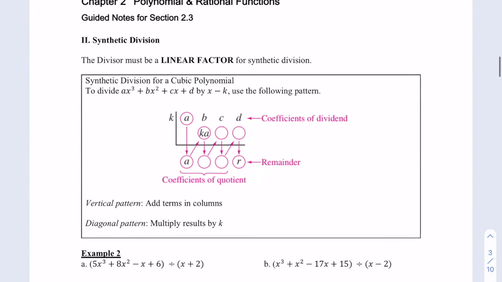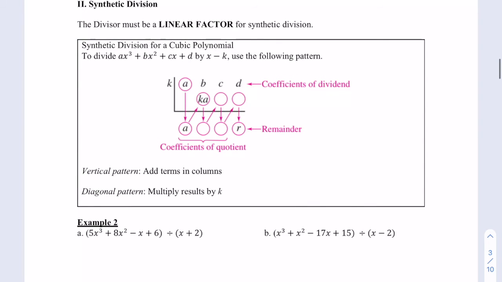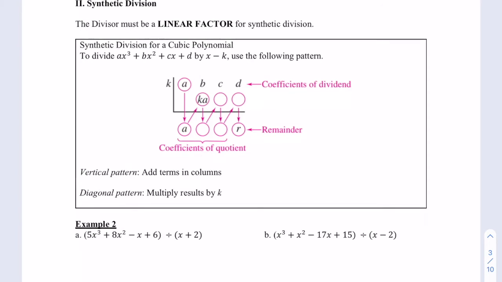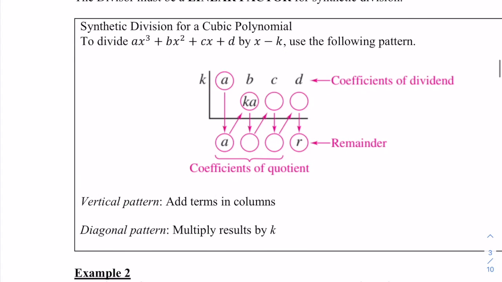Now let's look at synthetic division. Synthetic division may be a lot easier. The process isn't too hard, so I want to make sure that we go over that before we look at some of these problems. For synthetic division, you have to look at the 0. And the 0, the factor that we're looking at, needs to be a linear factor.